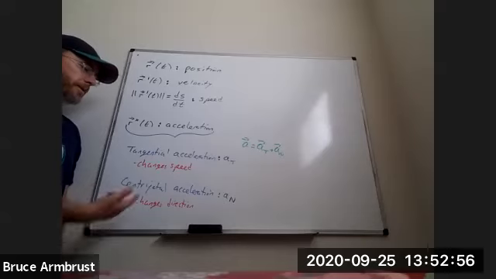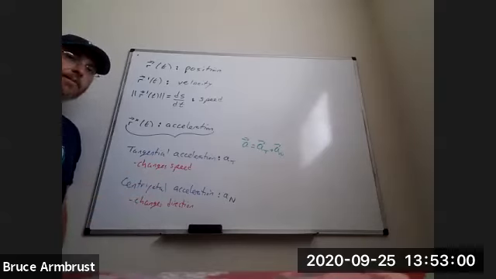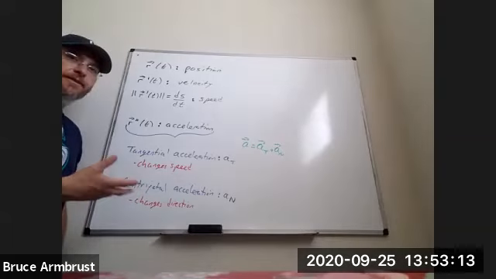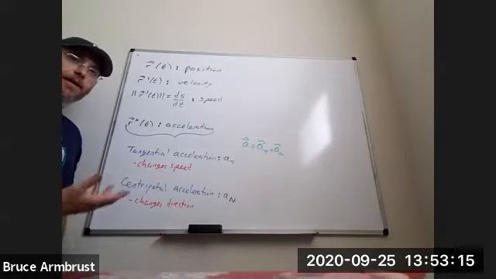And if this particle is not changing speed nor changing direction, then there's no acceleration whatsoever. And for those of you who studied physics, that's good old Newton's first law, right? A body at rest tends to stay at rest, a body in motion stays in motion, unless acted on by an external force, and so on.